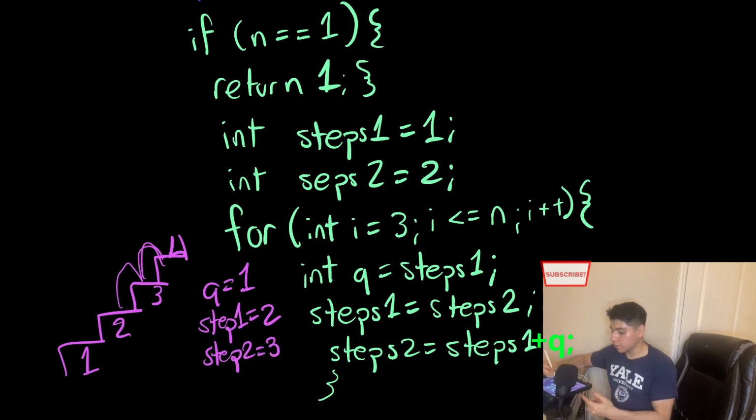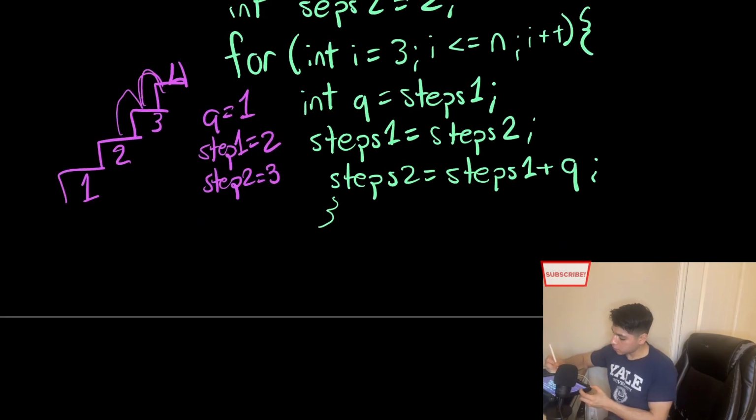And since n equals 4, we're going to go through the for loop one more time. q is now going to be equal to steps1, which is going to be 2. And steps1 is going to be equal to steps2, so that's going to be 3. And now steps2 is going to be equal to 2 plus 3, equaling 5.